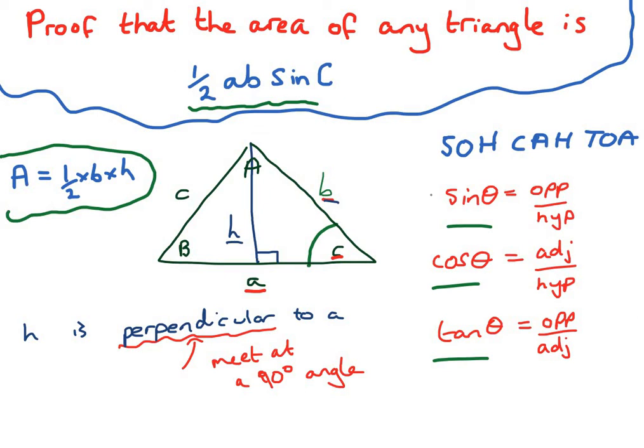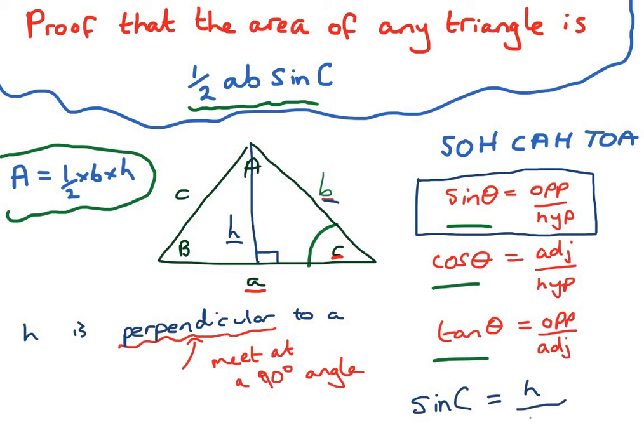So that's O and H. That tells us we're going to use sine. Okay, so writing this out, we have sine of the angle C, that's big C, equals the opposite, which is H, and the hypotenuse, which is B. Okay, so in other words, we have H equals B sine C.